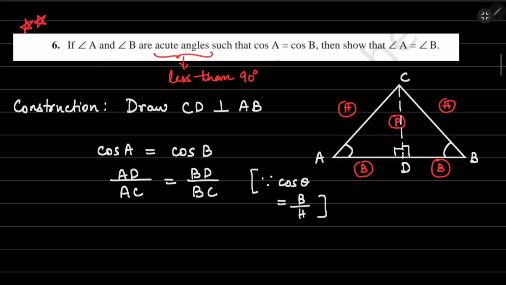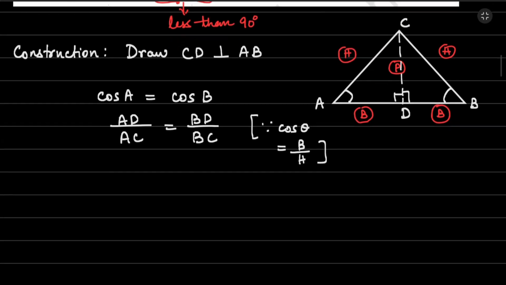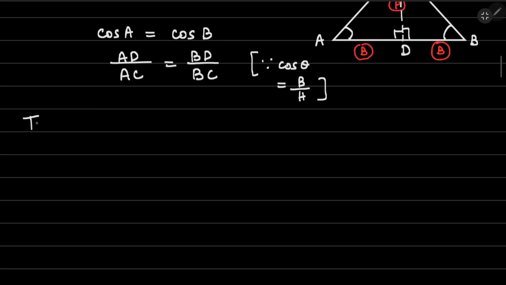Okay, so in order to prove that angle A is equal to angle B, let us consider, we can swap these two places. AC will go to the numerator, and BD will come to the denominator.